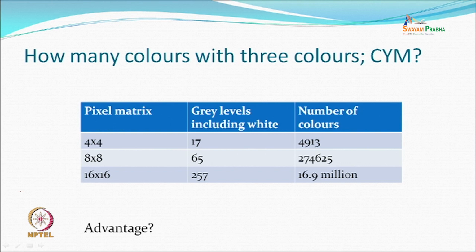A higher matrix means you are going to be making the size of the droplet smaller. If you make the droplet size smaller within the same area, then an 8 by 8 matrix can create 65 shades. And if you use all the 3 colors, you will be somewhere around 2,74,000 plus. And if you have 16 by 16, you are looking at millions.